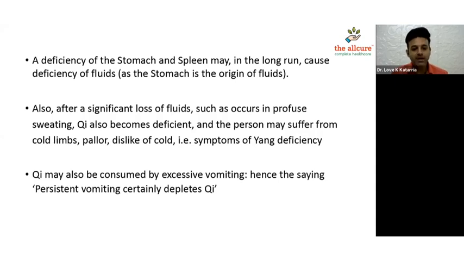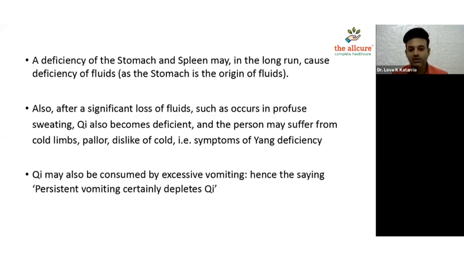So chi may also be consumed by excessive vomiting. So patients who are vomiting like 4 to 5 or 6 times. I had a patient last week who was vomiting for the past 2 days. Look at the condition. His body was depleted.